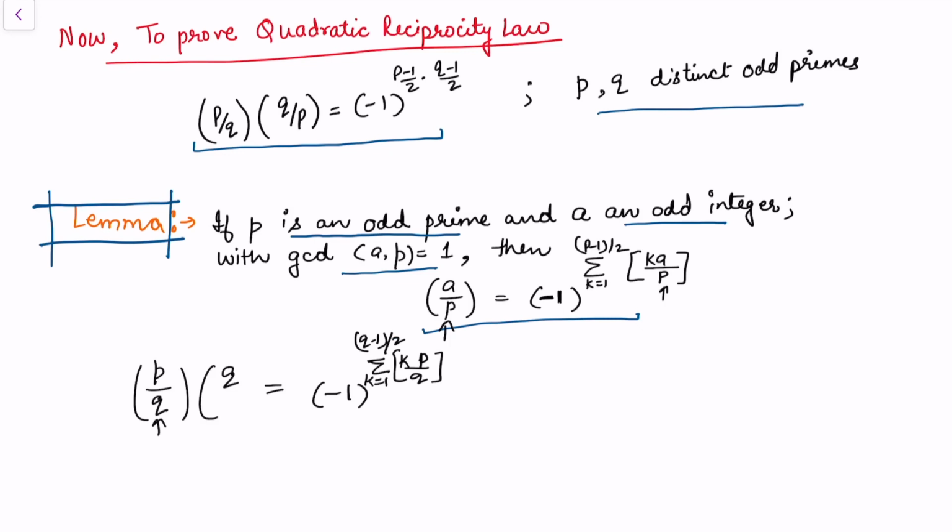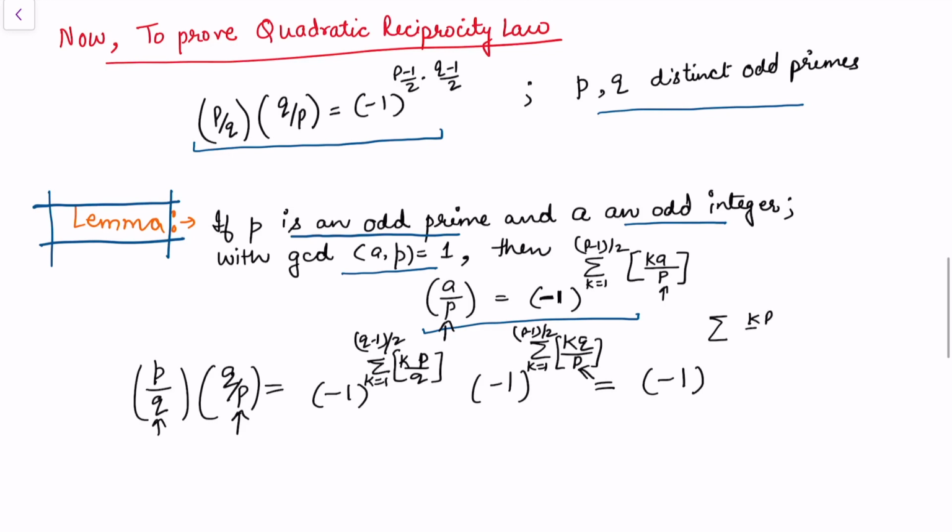And similarly, if I want to write what is q by p, this will be minus 1 to the power summation kq by p, depending upon what is in the denominator. So here it is p, so this p will come here, and k varies from 1 to p minus 1 by 2. Now this is the same as, because the base is the same, I am going to add the powers.